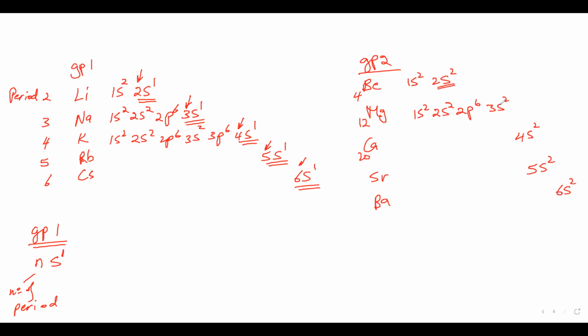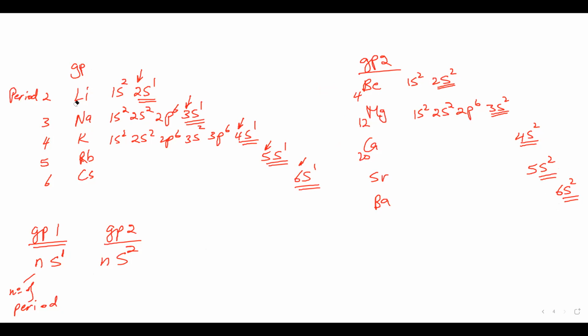So we'll also see that all of them end up with the s2 subshell, but of course, depending on the number of the period. Beryllium is present in period 2, it ends up with 2s2. Magnesium is present in period 3, so it ends with 3s2. Calcium present in period 4, so it ends up with 4s2, and so on. So we will see that all group 2 ends up with ns2.